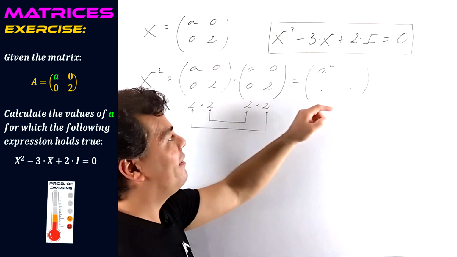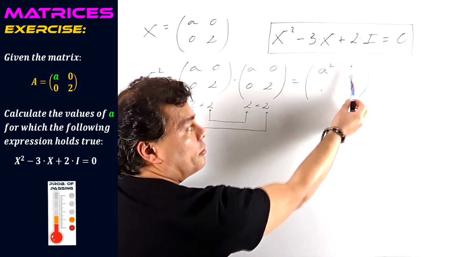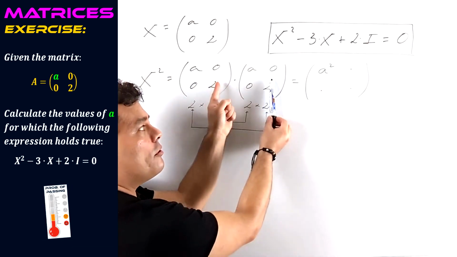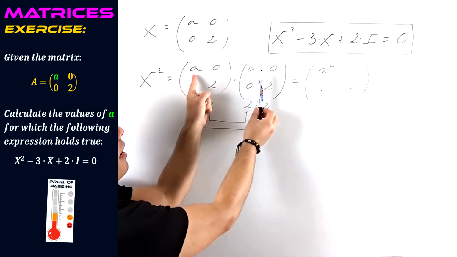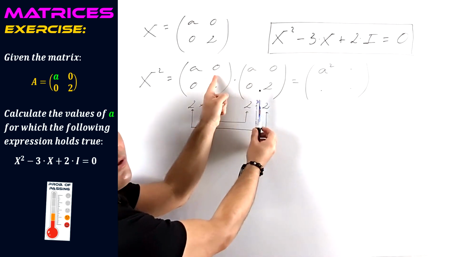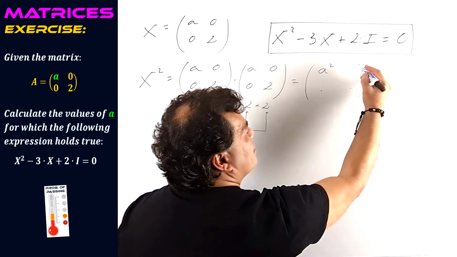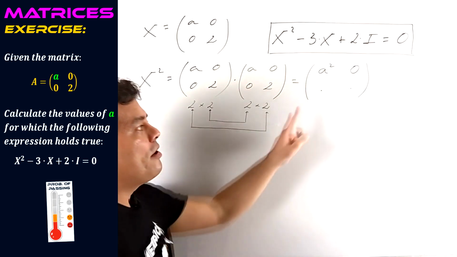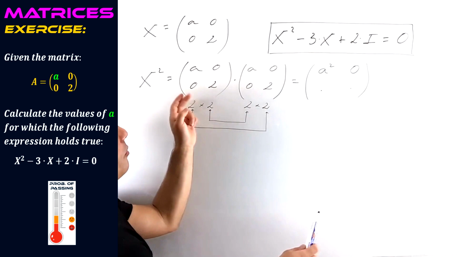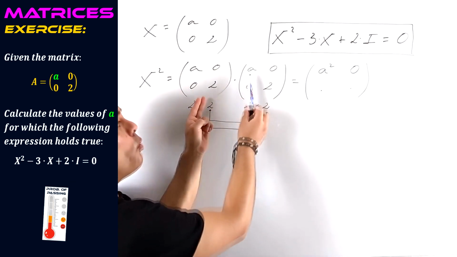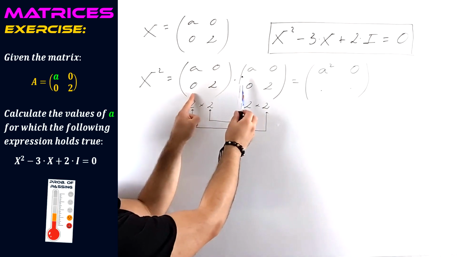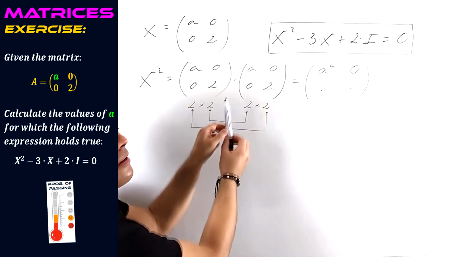Second position, row 1 but column 2, that is, row 1 of the first matrix and column 2 of the second matrix. A times 0, 0, plus 0 times 2, 0, that is 0. Third position, row 2, column 1, row 2 of the first matrix, column 1 of the second matrix. 0 times A, 0, plus 2 times 0, 0.